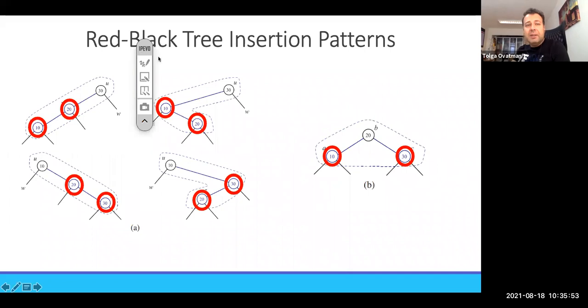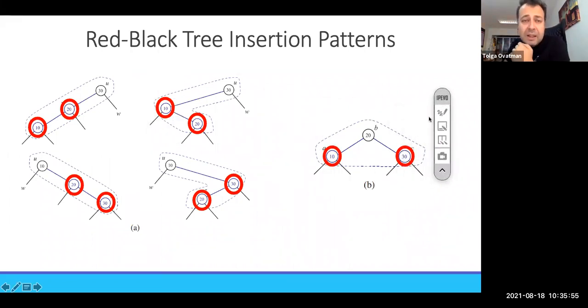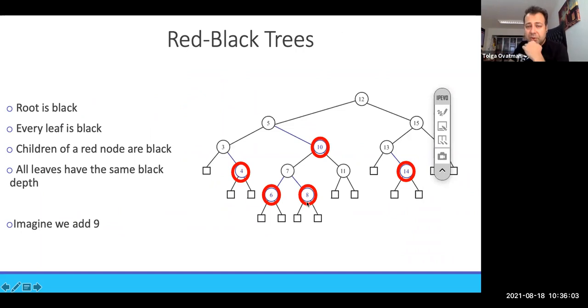So there are now some patterns that you need to handle. One of the patterns is 2 red nodes. Think about the previous situation. If I add directly a black node, that would directly violate the number of black nodes until the root property. So I should add it as a red node, but then there would be 2 red nodes as child of each other.